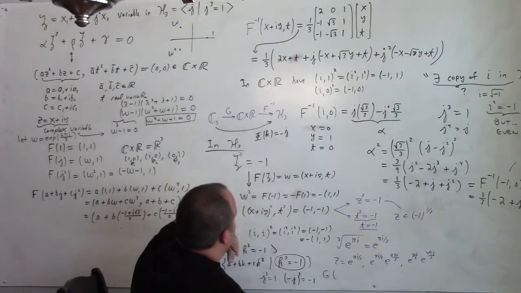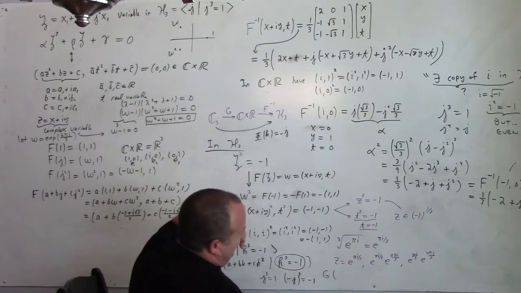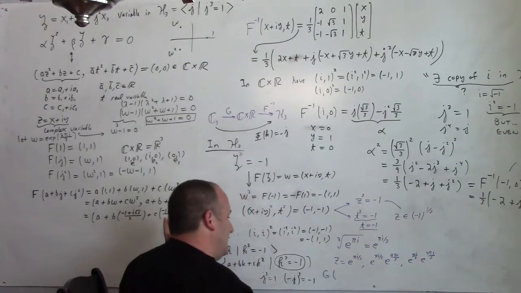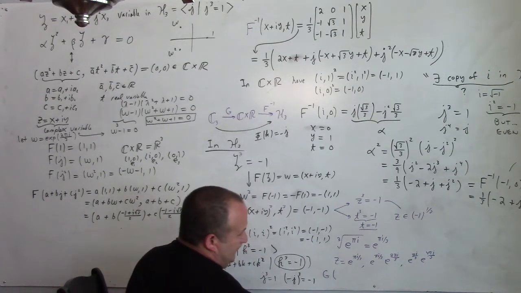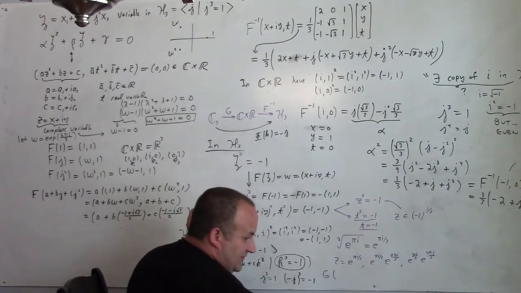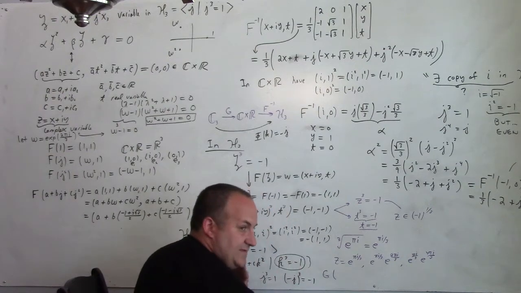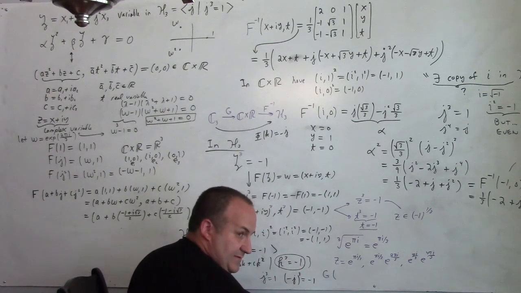And it's not enough to just map generator to generator. You have to map the generator such that the characteristic equation, the equation which characterizes the target space, is satisfied by the image of the generator of the original space.